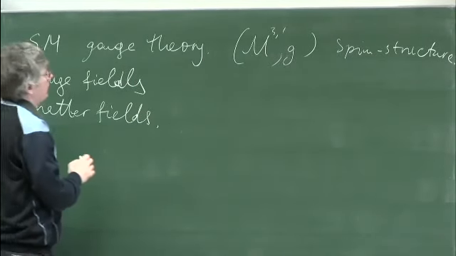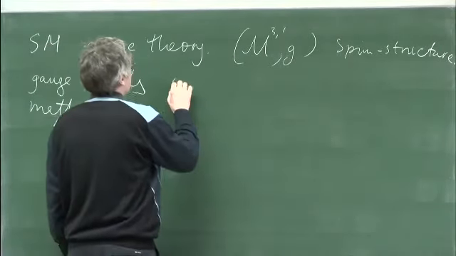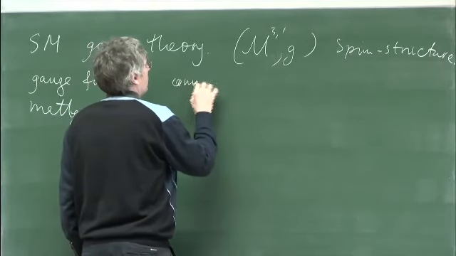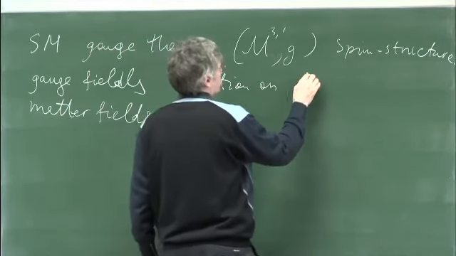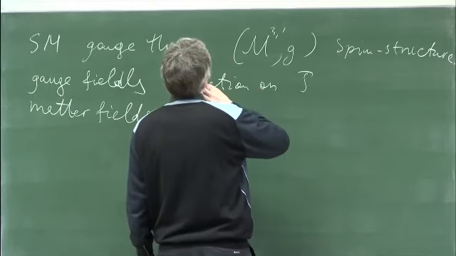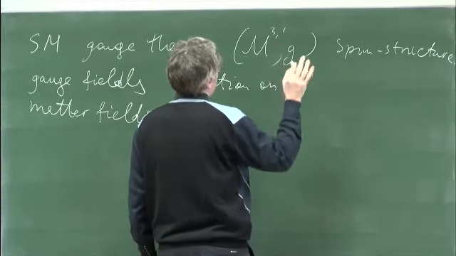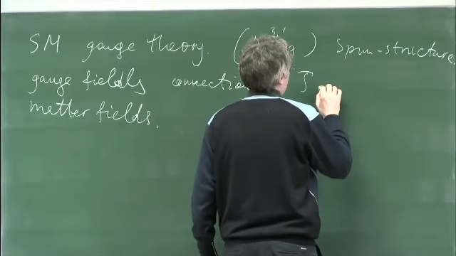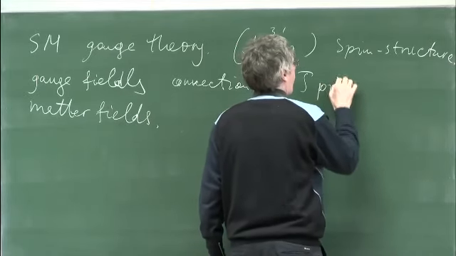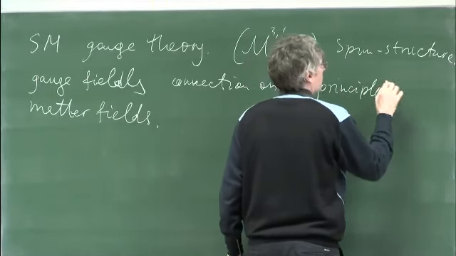A gauge field is a connection on some principal G bundle. Oh yes, we also fix some group G, when some extra structure will appear. So P is a principal G bundle.